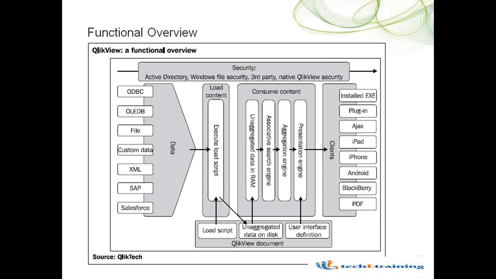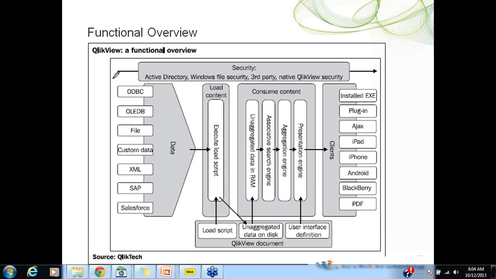While in-memory database is an excellent technology, it cannot work on its own. Functionally, data flows through Qlikview in the following manner, as you can see in the diagram. It starts with the source data, like our different ODBC, OLEDB data sources, or the flat files, CSV, Excel, and so on.